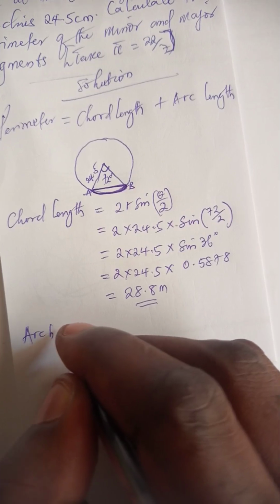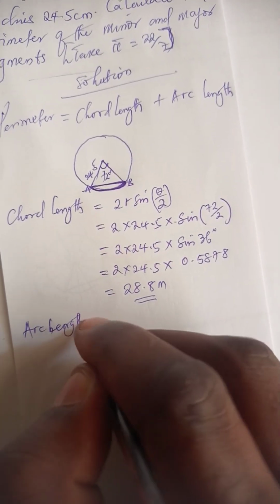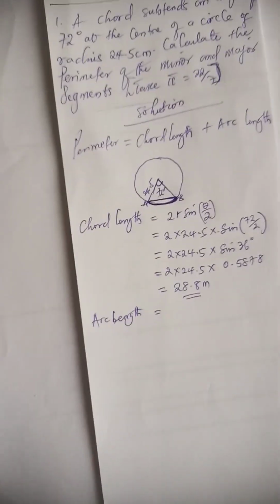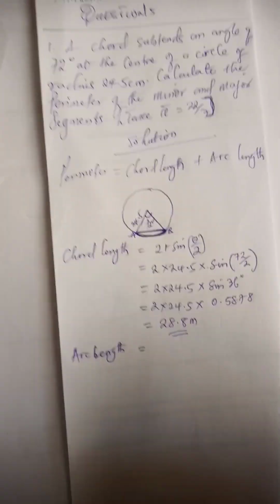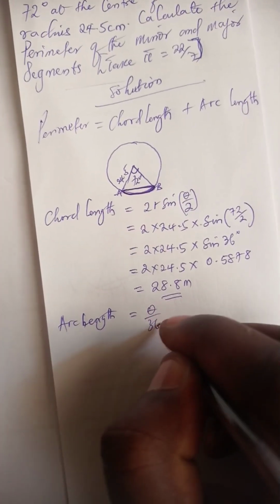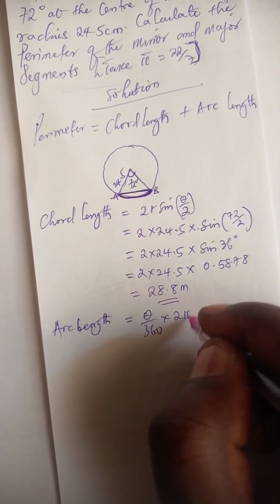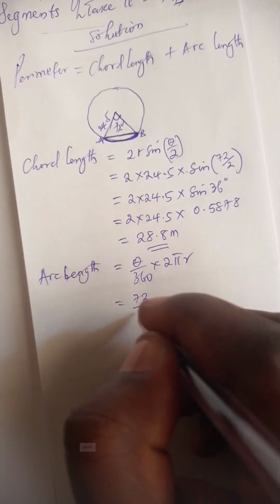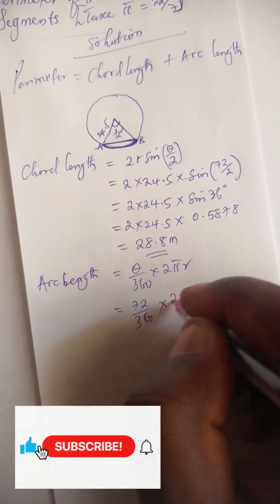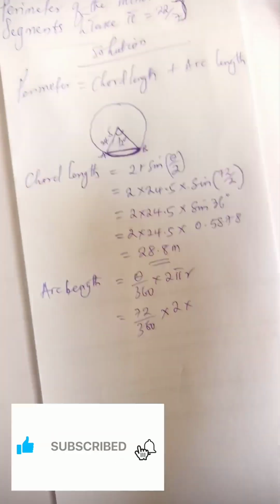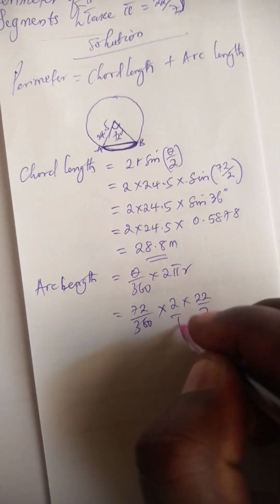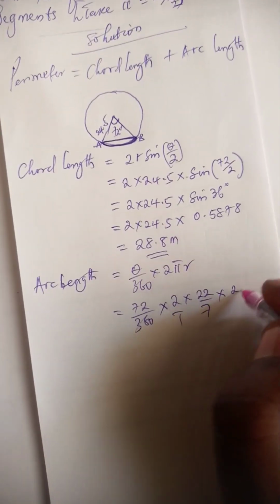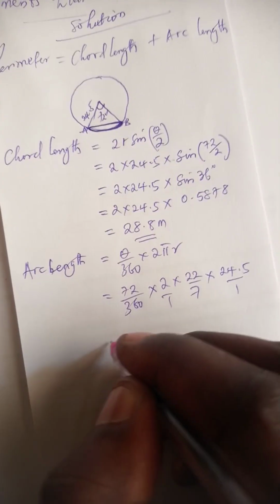Now let's find the arc length. Arc length is given by the formula theta all over 360 times 2 pi r. So our theta is 72 times 2, our pi is 22 over 7, times our radius 24.5 over 1.